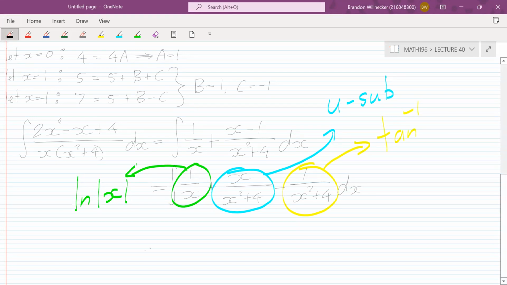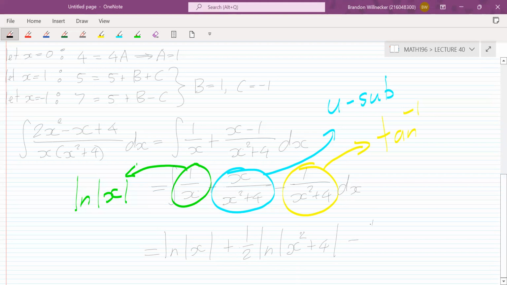So we just put everything together. The integral of 1 over x is the natural log of x. The integral of the blue one, you just do your u substitution. You can check that. We get 1/2 the natural log of x squared plus 4. And then the last one here, we need to do the arctan, because it's like 1 over x squared plus a squared.